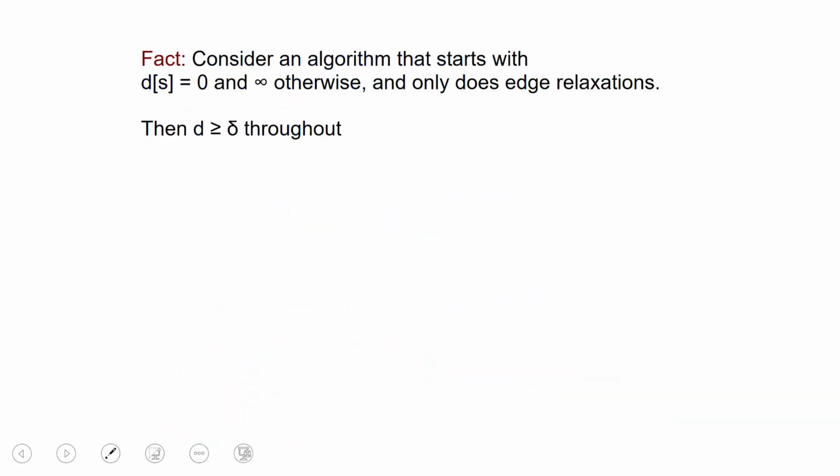It is in fact a general fact that if you have an algorithm that starts with d of s equal to 0 and infinity otherwise and only does edge relaxations, then you will always have that d is at least delta. You will never set d below the true distance in the graph.